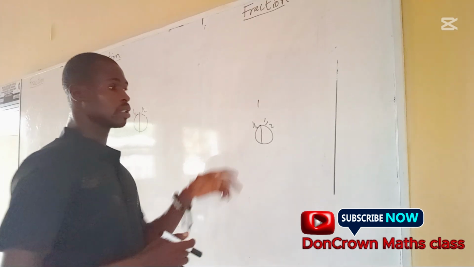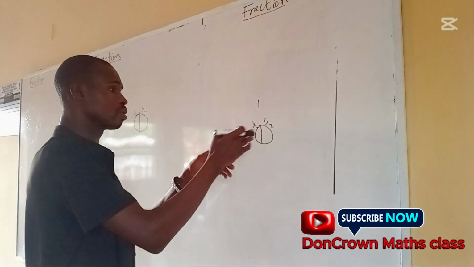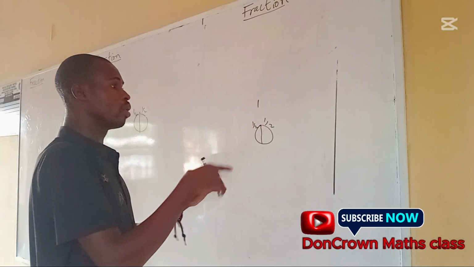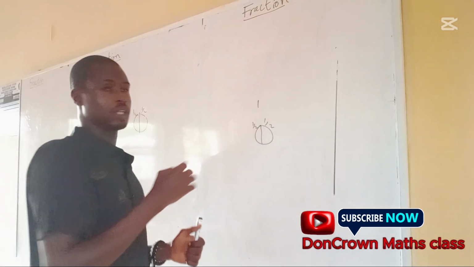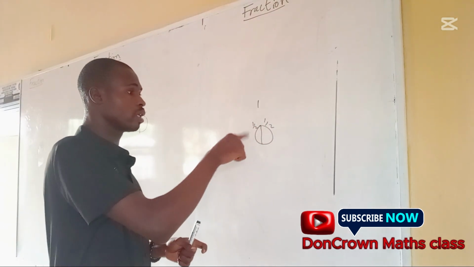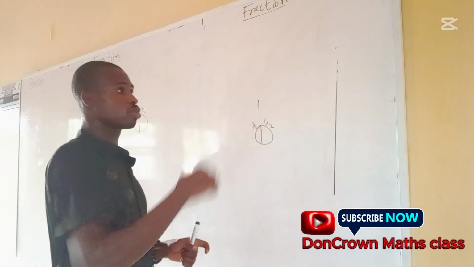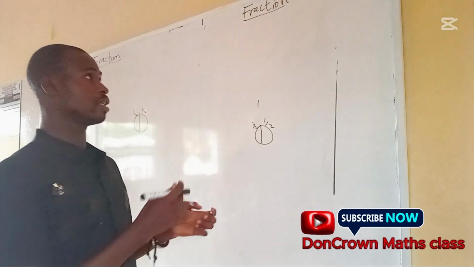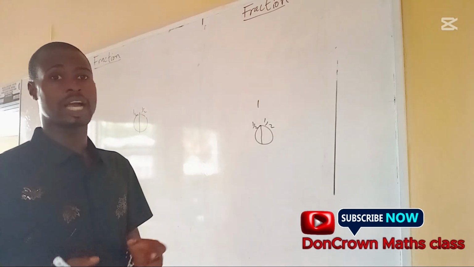It means that these fractions are brought out from this one. This fraction is a part of this one. That's the explanation of the definition of a fraction: they are parts of the whole.